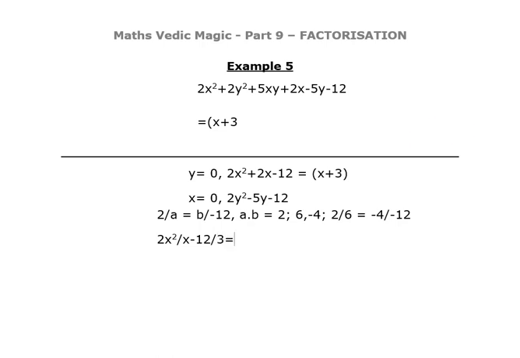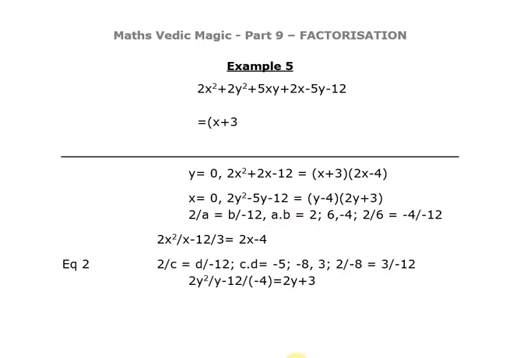Now we do the same for the second equation, which is 2y square minus 5y minus 12. Here what we are looking at is the ratio of 2 by, say, term c should be equal to d divided by minus 12, with the multiplication c into d as minus 5, plus actually.